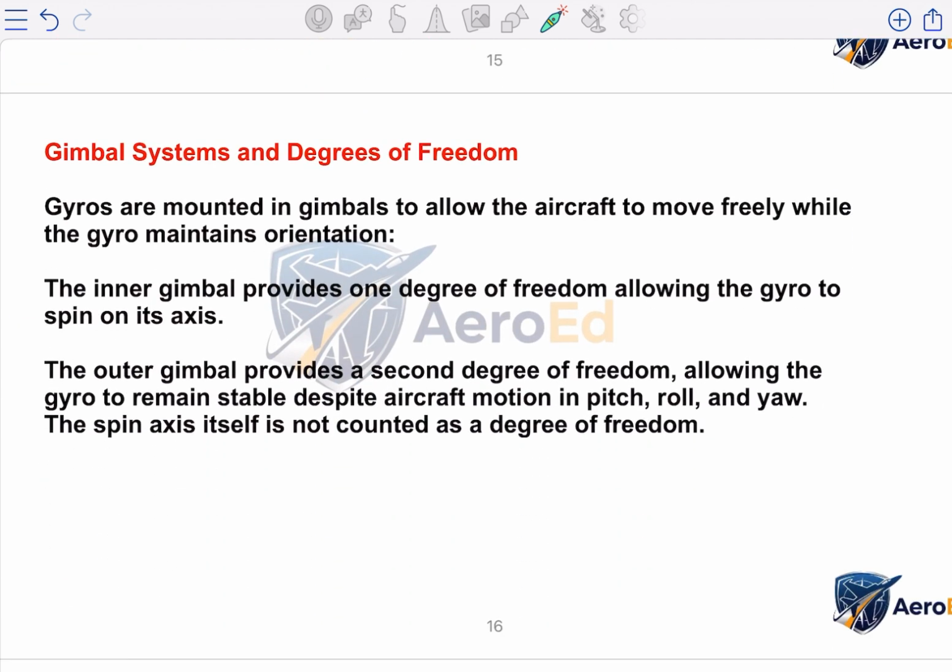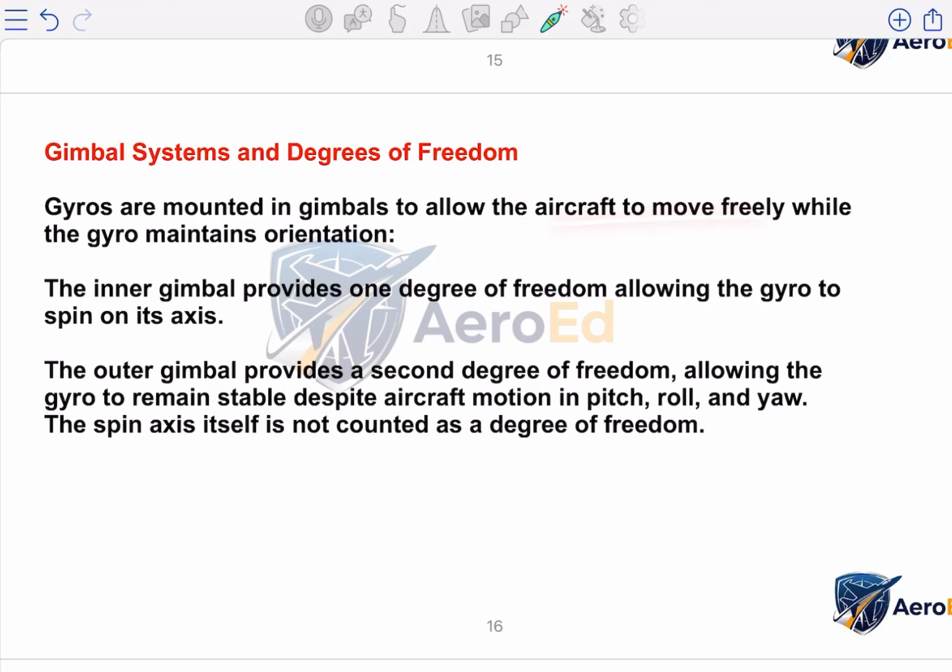Next is gimbal systems and degrees of freedom. So what is a gimbal system? Gyros are mounted in gimbals to allow the aircraft to move freely while the gyro maintains orientation, right? We already know that the gimbals are the rings fitted in the aircraft so that the gyros will stay in their orientation, but the aircraft is free to move.